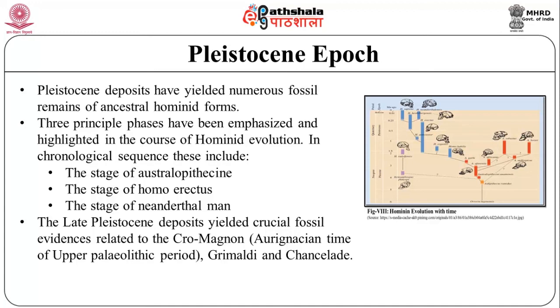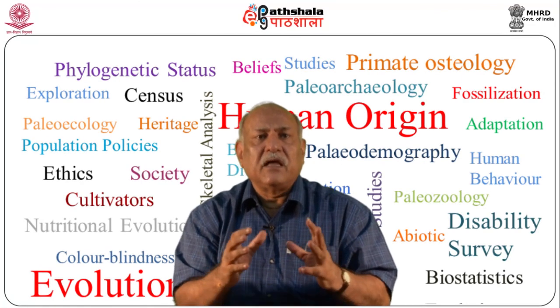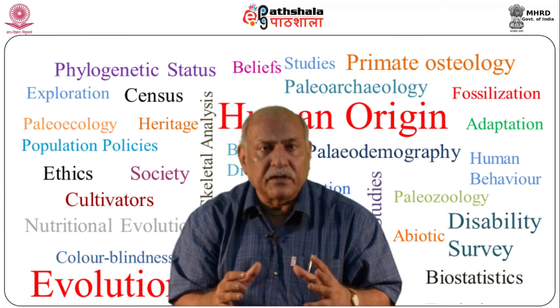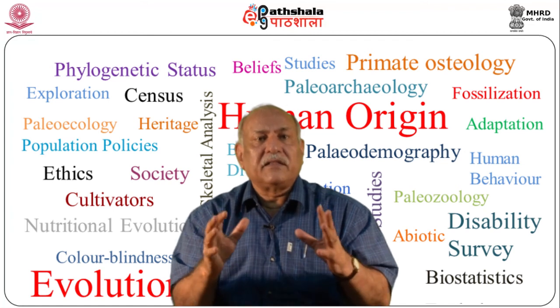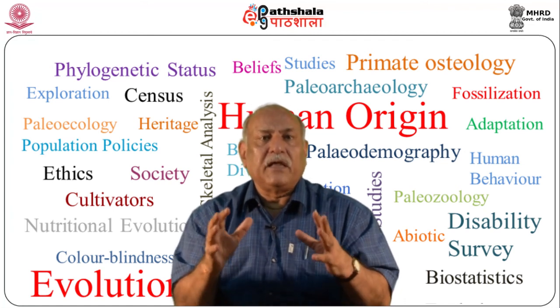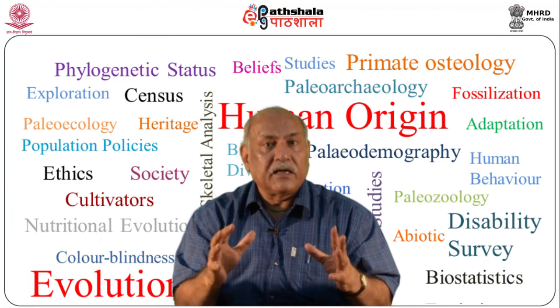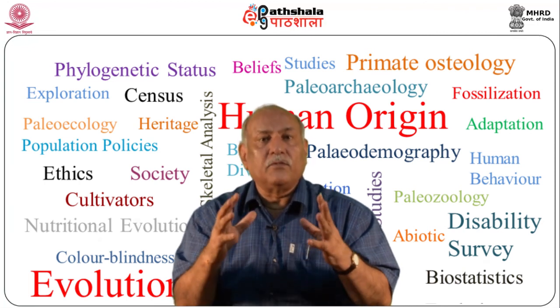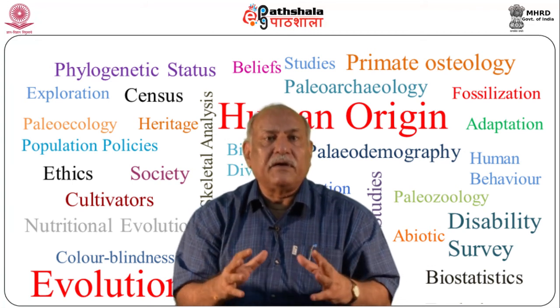The module can be summarized as follows: early primate evolution is a complex phenomenon, and in order to understand this phenomenon, one should be acquainted with extinct and extant primate species. Dental remains form the most frequent fossil evidence related to ancestral primate species.